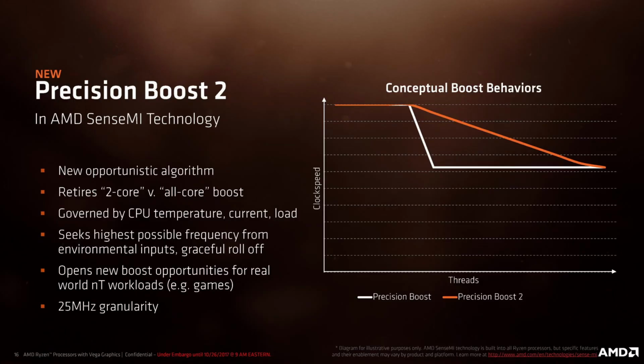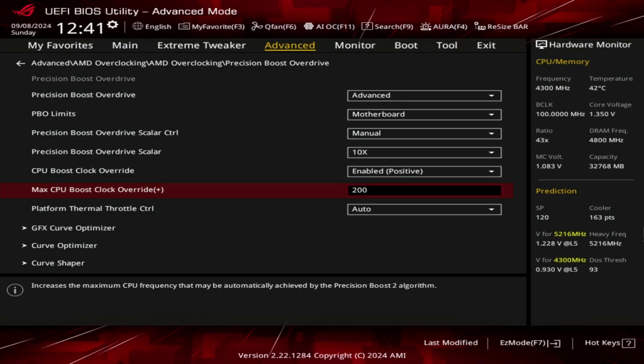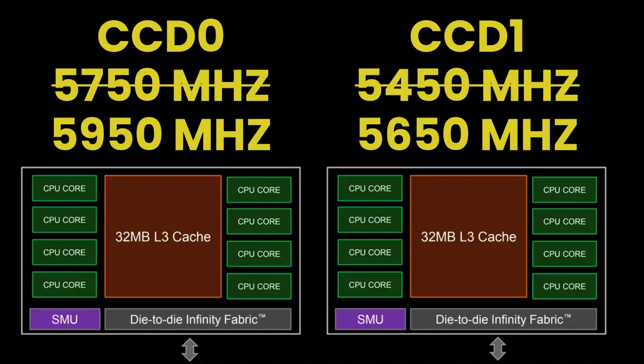Ultimately, the Precision Boost 2 algorithm still determines the actual operating frequency. With a plus 200 Fmax boost override, the new maximum boost frequency for the Ryzen 9 9950X is 5,950 MHz for CCD0 and 5,650 MHz for CCD1.